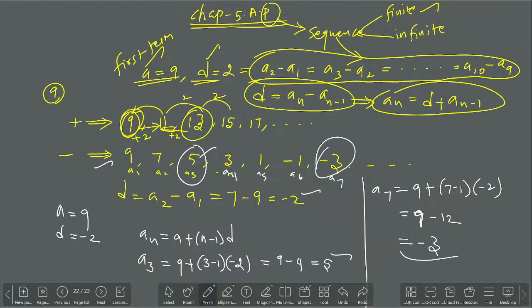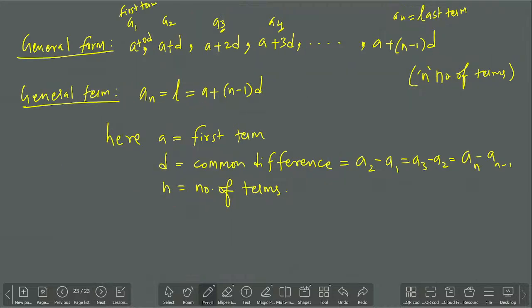So this is the formula we made now. What formula did we make? The general term formula. What is the general form? A, comma, and here on the next page. You need not say A plus 0D, you just say A, enough.